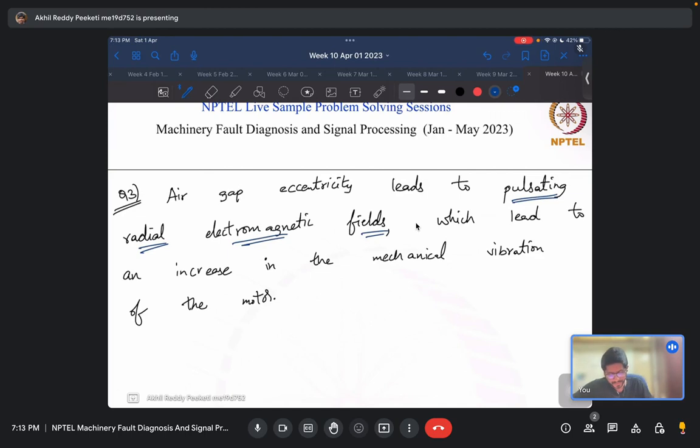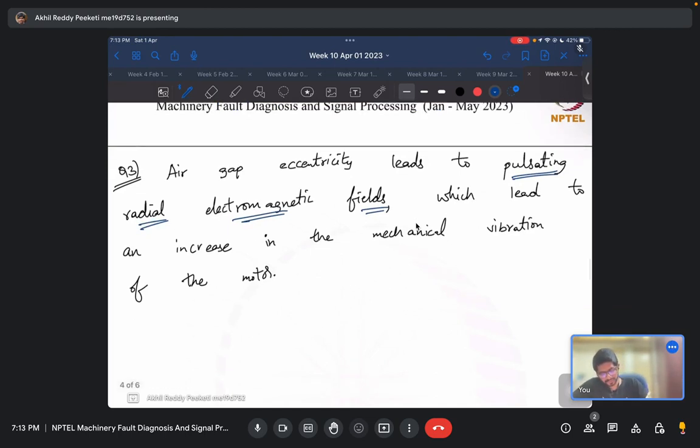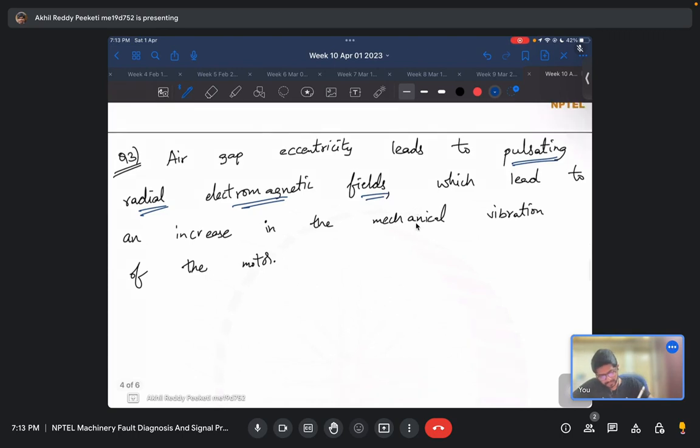So the varying electromagnetic fields will lead to an increase in the mechanical vibration of the motor. So the question is true or false? It's actually true. So these pulsating electromagnetic fields will actually cause increased vibrations in the motor.